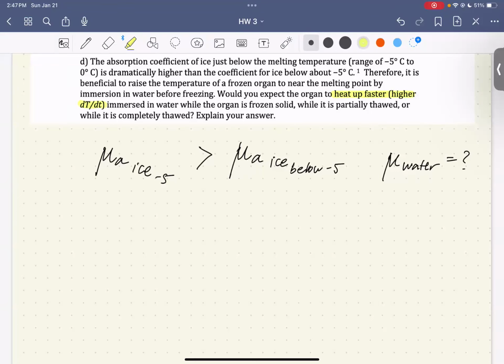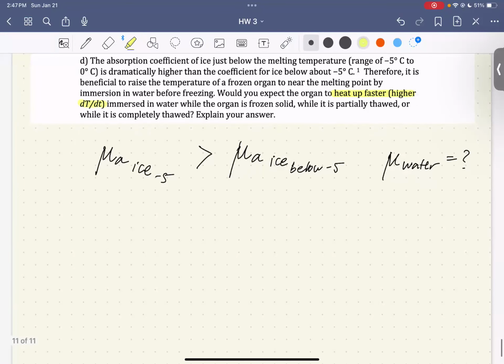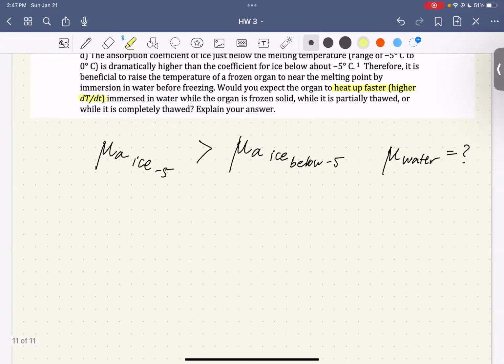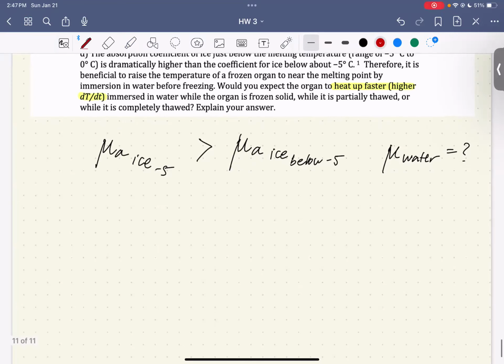Heat up faster while the organ is frozen solid, while it is partially thawed, or when it is completely thawed, right? And so we need to remember, completely frozen is going to be when it is below -5, right? That is right over here, below -5, frozen solid.